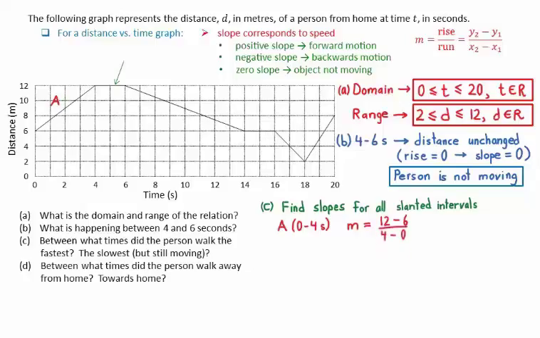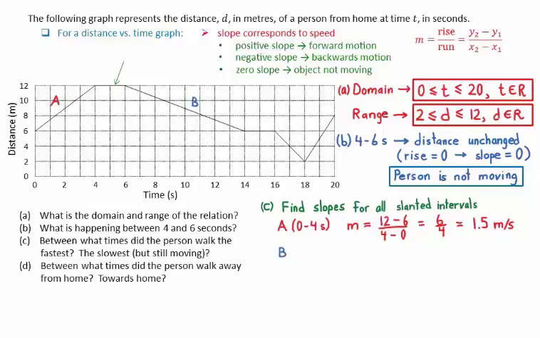We then divide this by the change in the time, or the horizontal change. Note that this is 4 for the maximum time of this interval, and 0 for the initial time. This gives a result of 6 over 4, or 1.5 meters per second. Note that the positive in this case means that the object is moving forward during this time interval.